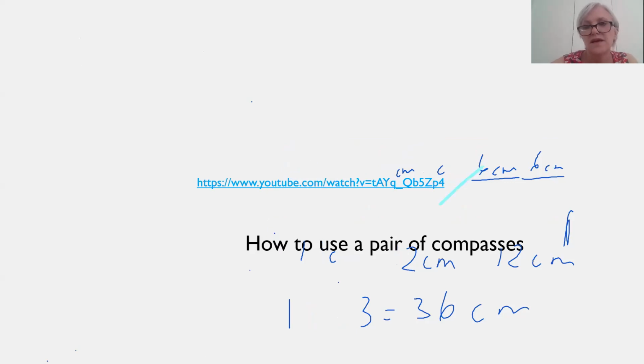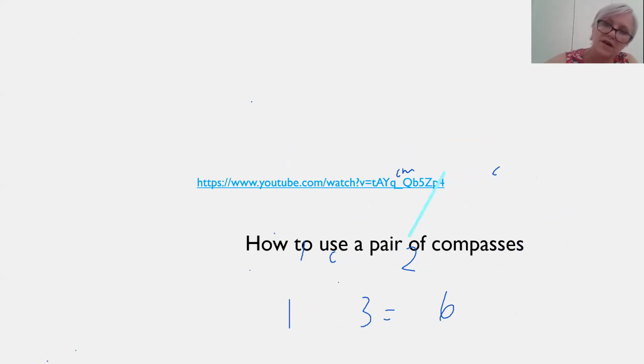So if we look at how to use a pair of compasses, obviously you may have some at home, which is great. If you don't, it's not rocket science to try and use one, but let me just show you how to do this.